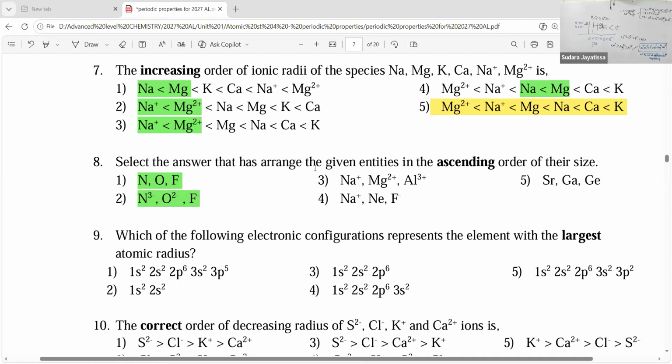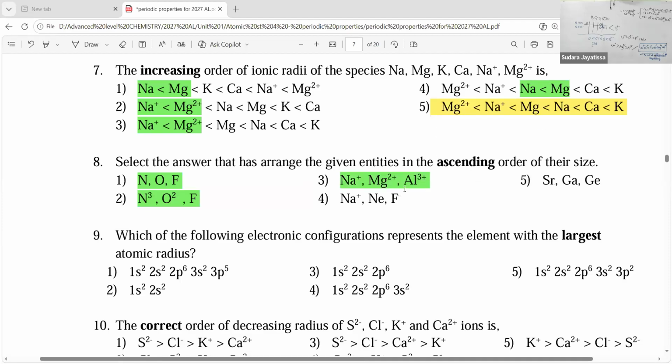Why is it larger? You can say it has more electrons than protons, so it has a lower effective nuclear charge. That's why N3 minus is larger. And sodium plus, magnesium 2 plus, and aluminium 3 plus. That is also wrong. It should be in the opposite order.